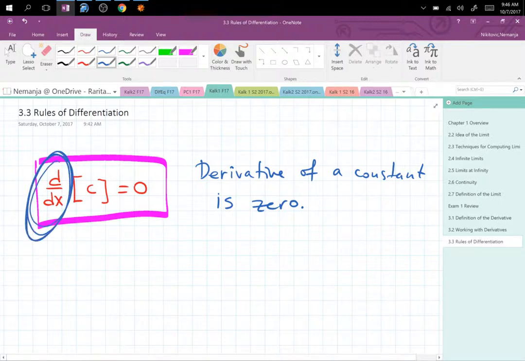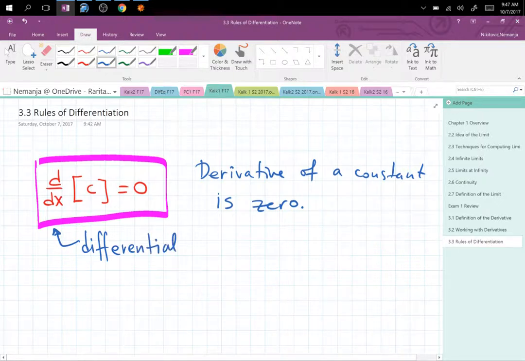This thing over here is called the differential operator. And that is the instruction given to you what to do. Differentiate constant, and you get 0. It's the set of instructions, like license and registration.